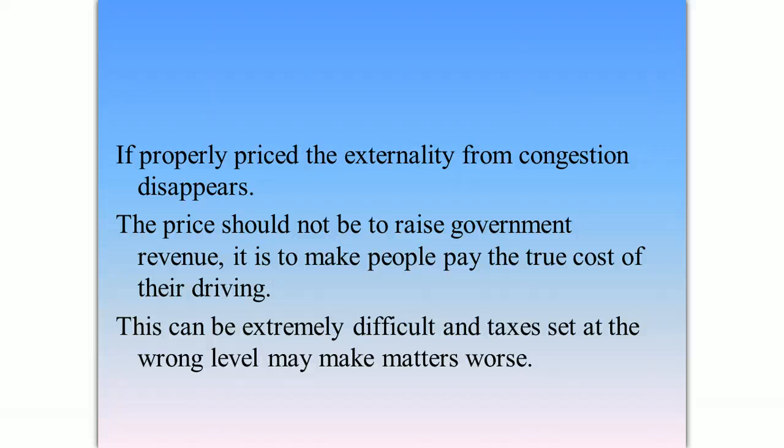It can be extremely difficult, and taxes set at the wrong level may make matters worse. If you set the tax level too low, people are still using the road, there still is congestion, and you're charging them money for being in congested roads. So that just becomes a revenue raising exercise, if the charge is too low and doesn't actually address the congestion in the first place.